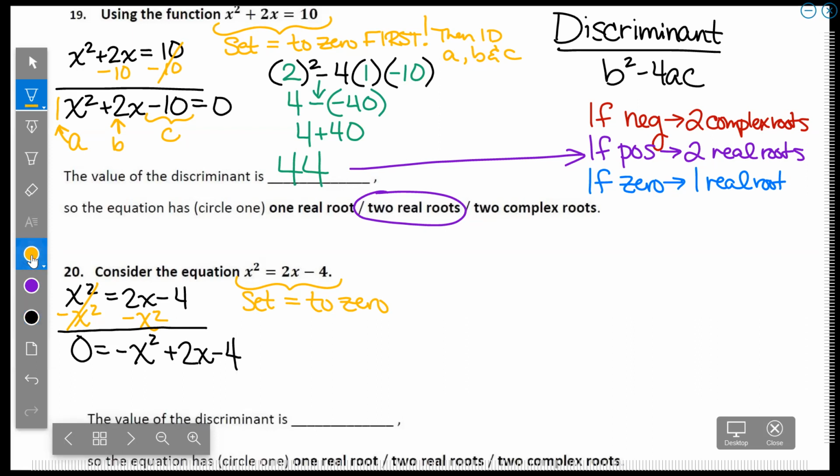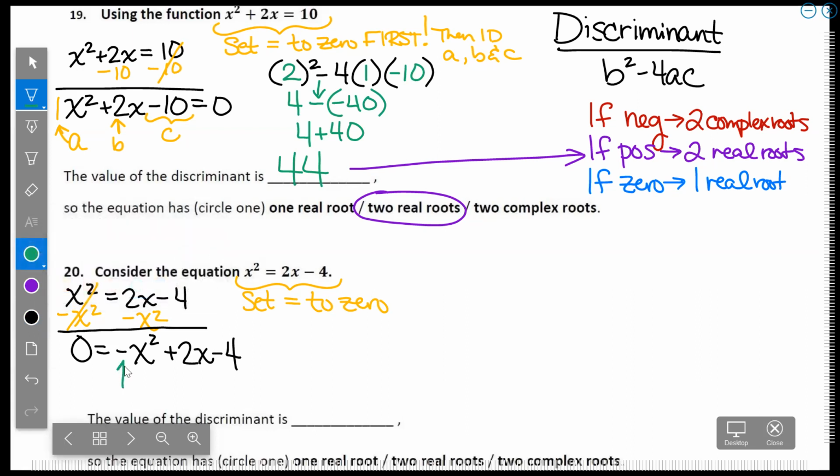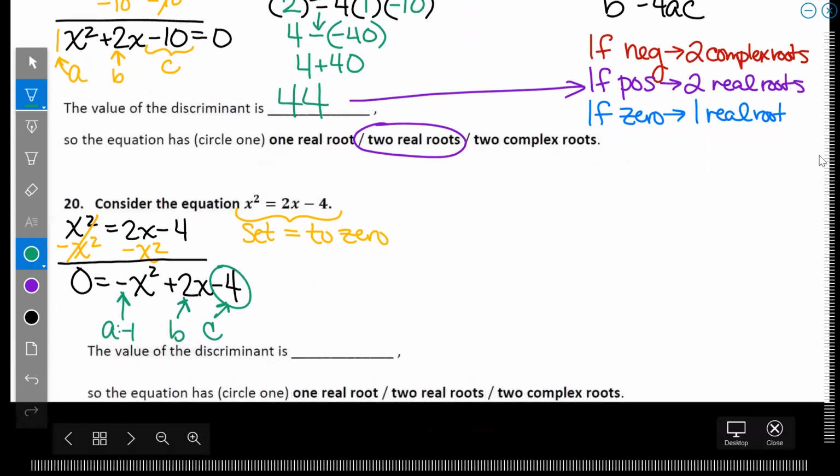What are the values for A, B, and C? A is -1. B is 2 again. And C is -4. All right, so I'm going to substitute in now to b squared minus 4ac.